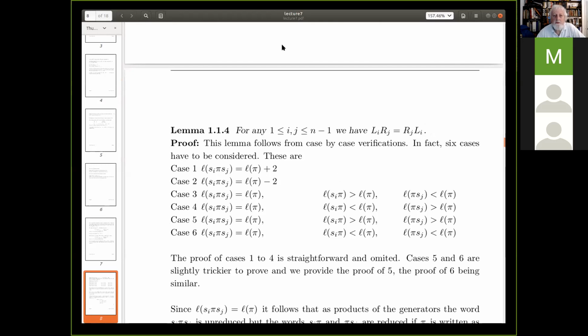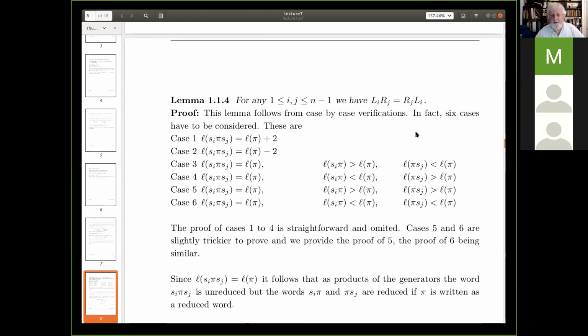Now, case 5 is a little bit tricky, but we can do it. So this just says, if it's the case that the length of Si pi Sj is the length of pi, but that the length of Si pi is greater than the length of pi, and the length of pi Sj is greater than the length of pi.